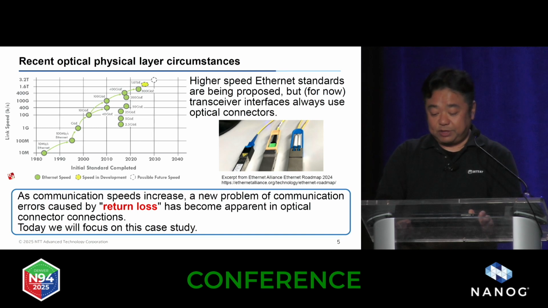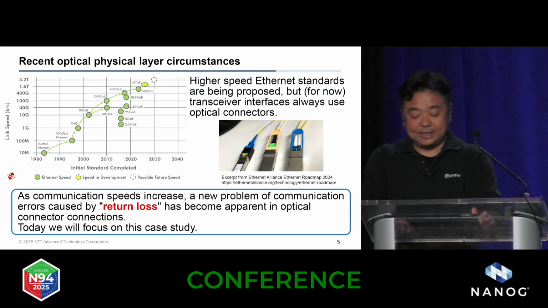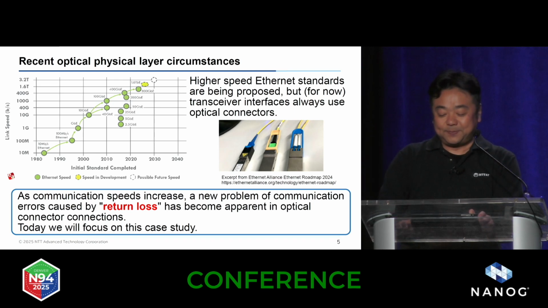Let's start by briefly talking about the trends in Ethernet standards. This graph shows that Ethernet standards have been completed up to 800G, with 1.6T and 3.2T also in sight. High-speed communication between GPU servers is also an essential requirement for AI, which we hear a lot about these days.